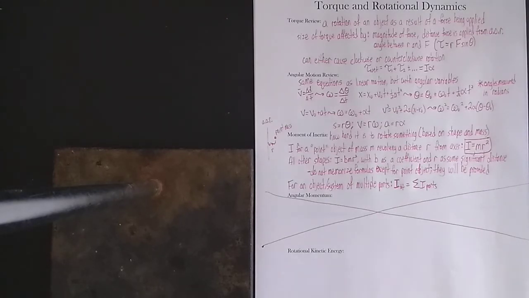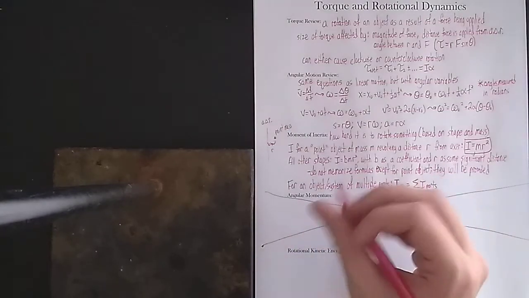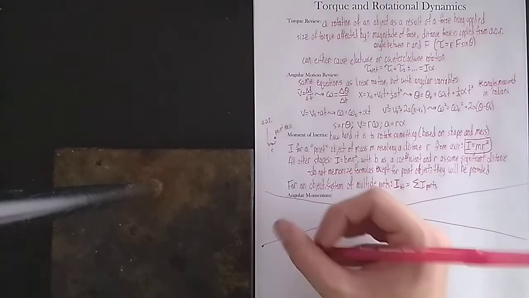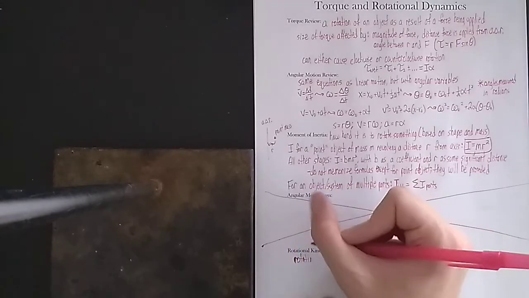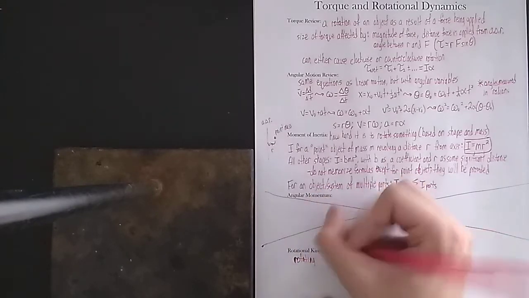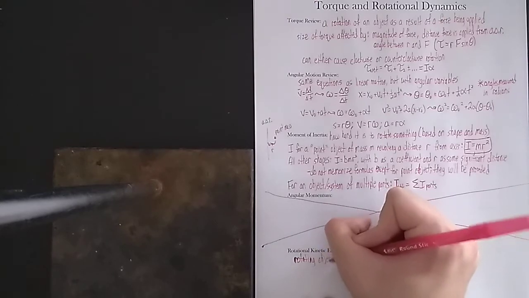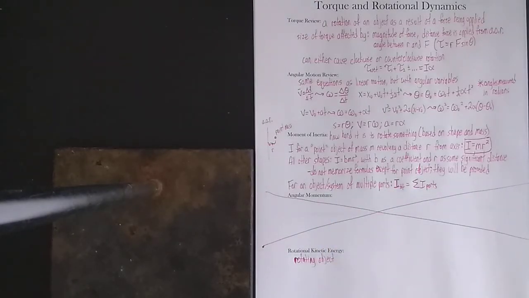The last thing I want to point out before I get into an example is the idea of rotational kinetic energy. You guys are used to kinetic energy. You know objects have kinetic energy when they move, but you probably haven't thought about the fact that an object that rotates also has kinetic energy. And you might say, well, wait a second, that object's not moving from place to place, but the individual pieces of that object are rotating.